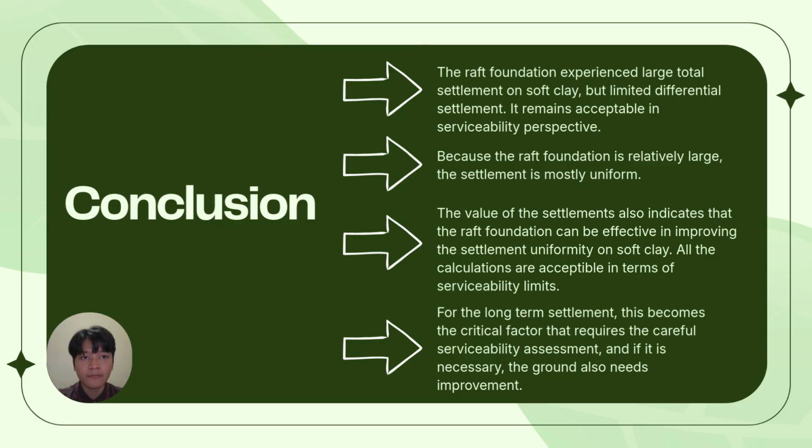So the value of the settlement also indicates that the raft foundation can be effective in improving settlement uniformity on soft clay. All the conclusions are acceptable in terms of serviceability limits, but long-term settlement becomes the critical factor that requires careful serviceability assessment, and if necessary, the ground also needs improvement.